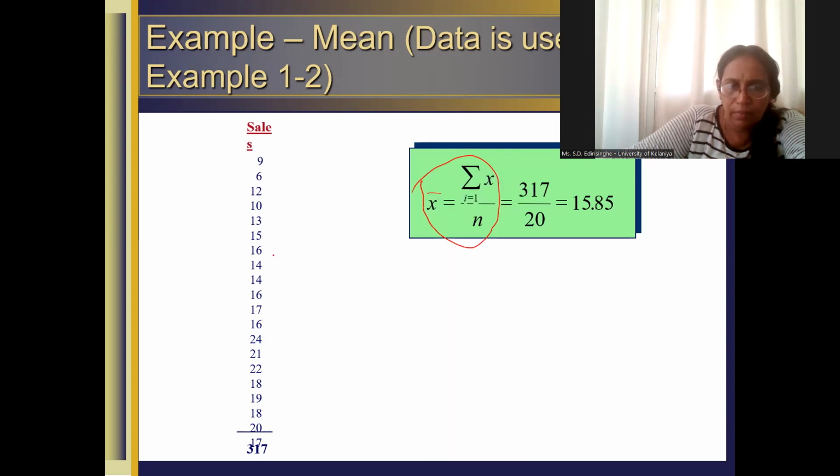To find the sample mean, you have to get the count here. So the total here is equal to 317. So 317 divided by 20 equals 15.85. So 15.85 is our mean. That is the sample mean.